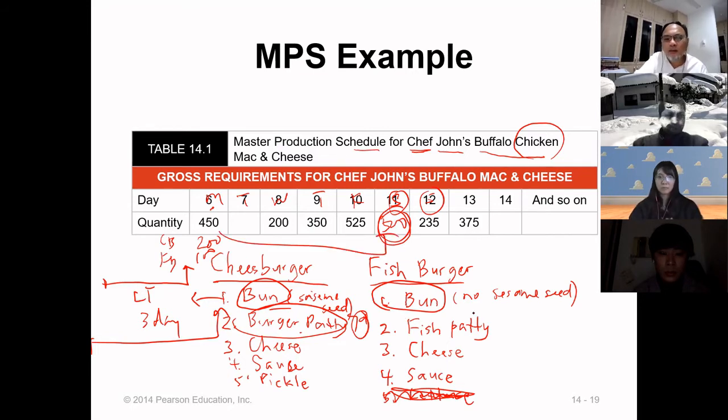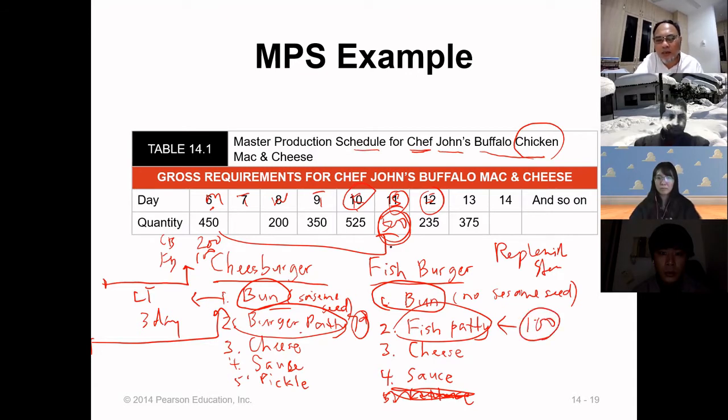So this whole idea of having a system of ordering and replenishing your stock, or your inventory. For example, from Friday we still have 100. So you have to count that, plus the purchase order, and it will become our ending inventory.